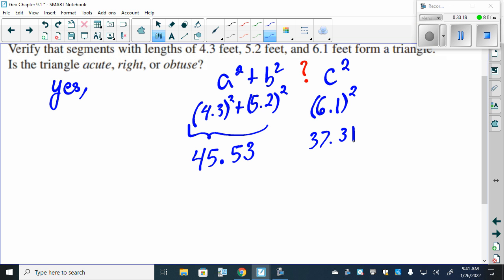And 6.1 squared, as we typed it in, was 37.21. Which one is bigger? 45.53 is bigger than 37.21, yes? Because a squared plus b squared ended up being greater than c squared, it's going to be acute.